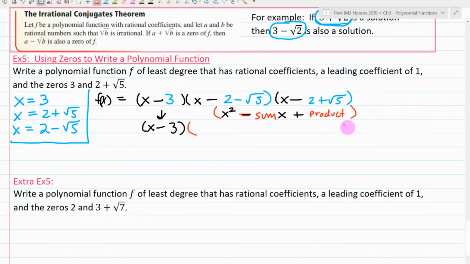And what that means is that we're going to take these two things over here, only the radicals, and we're going to do their sum.